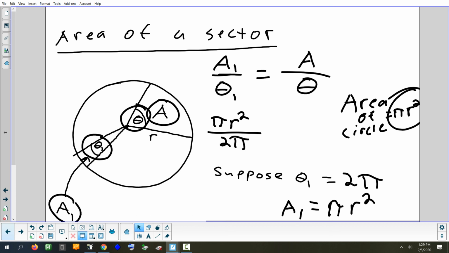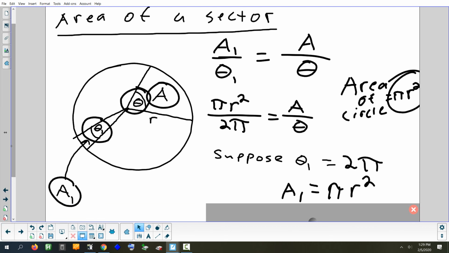The other side, you always leave it empty, because that's the stuff you have to fill in when they give you a problem. A over theta. Now, how do we solve a proportion? Cross multiply. But is there anything I could do first? Yeah, what happens in that first fraction?